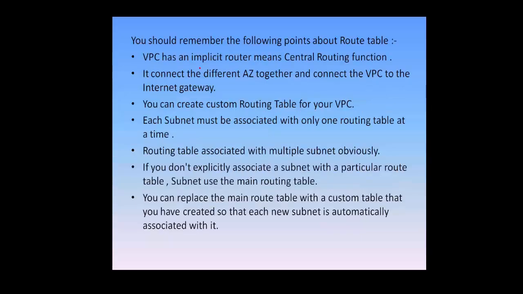Now the most important thing, the technical points of the route table. You should remember the following points. A VPC has an implicit router. Everybody knows about the router, meaning a central routing function.